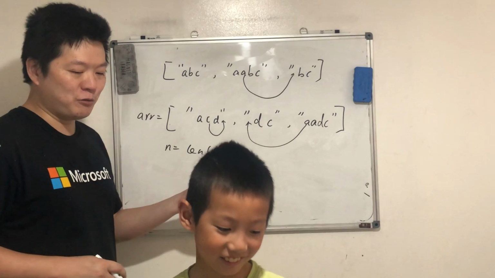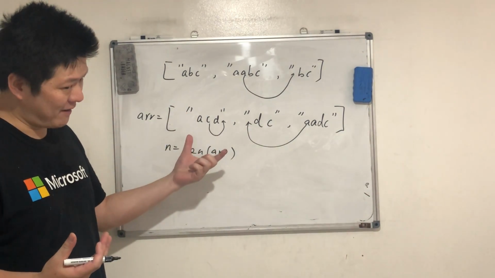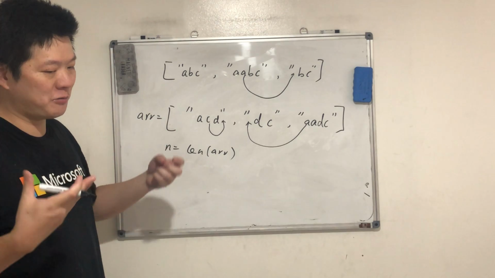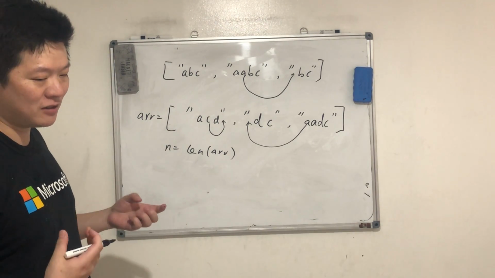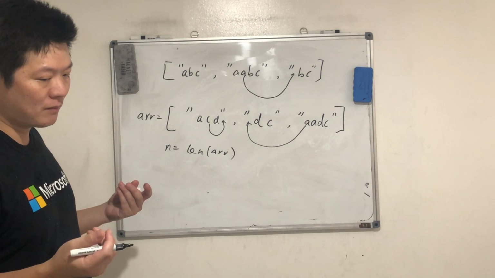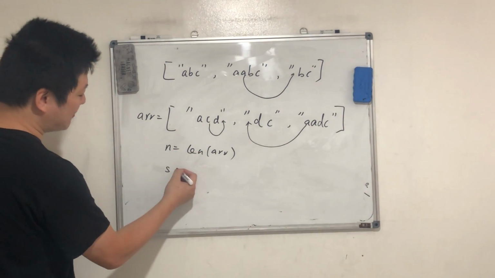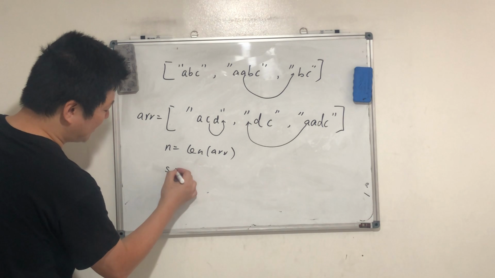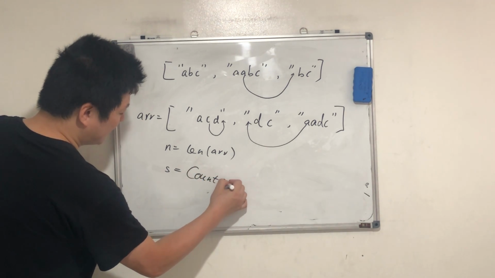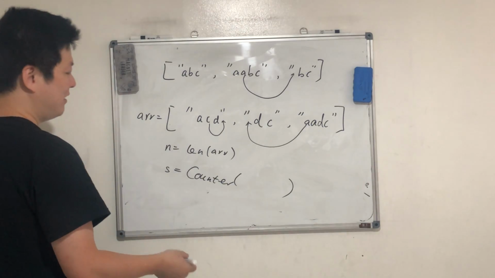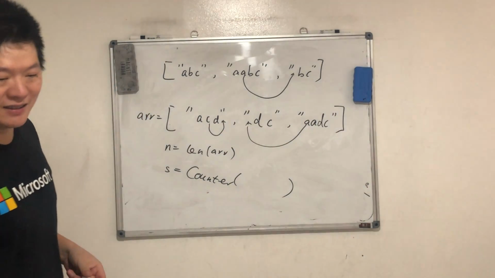So in Python, we want to count the number of frequencies for a string, right? So what kind of data structure are we using? How can we count? For example, this Counter. So counter, you count all the strings combined.